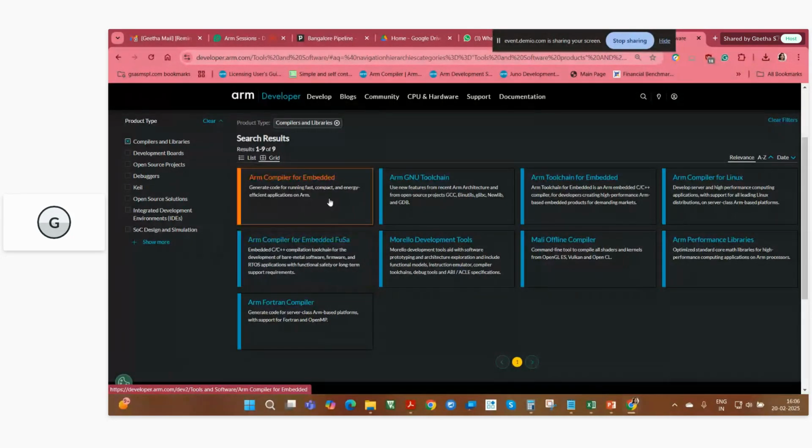This ARM compiler for embedded is your progressive branch, what we saw in the slide. ARM compiler for embedded FuSa is the compiler from the progressive branch and its extension, which is the stability branch. These two are different. So embedded FuSa has only those compiler versions which are safety certified by ARM.